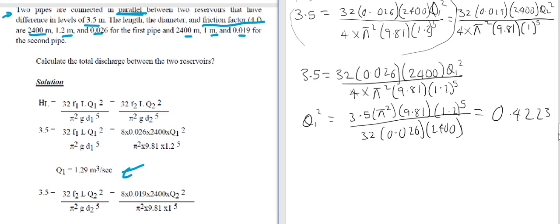This can just cancel here, 32 divided by 4 will now give us 8. So this will not be 32, it will be 8. Then the answer now, let me calculate it: 1.689, and if you find the square root of that number, Q1 will be equal to 1.29 meter cube per second.